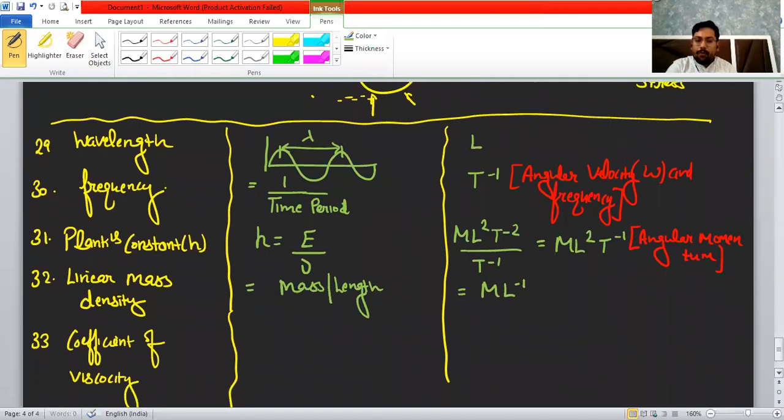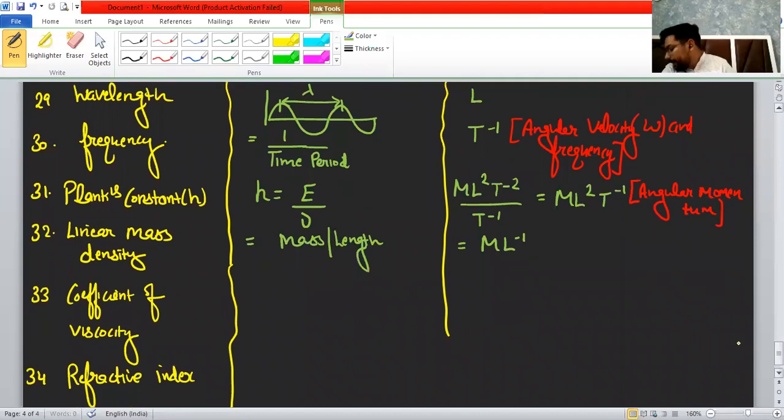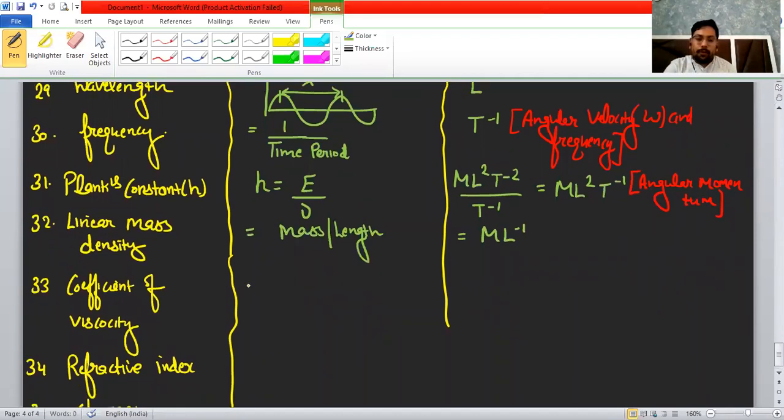After this we have coefficient of viscosity, eta, shown by this symbol. Eta is the name of this symbol, and this is the ratio of stress to strain rate. Stress, you know, is force by area. Strain is change in length to length, and for rate we divide it with time.